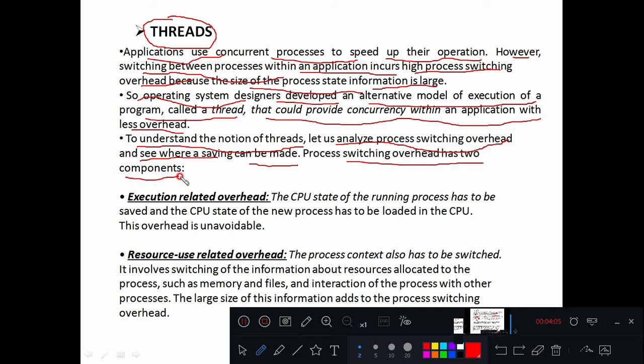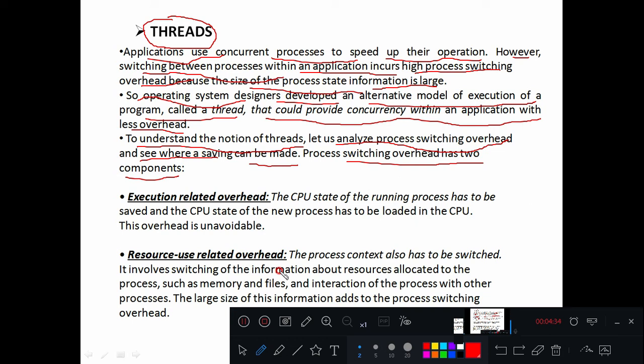Process switching overhead has two components: one is execution related overhead and the other is resource use related overhead. So we have two types of overhead in case of a process. Execution related overhead is what overhead comes into the picture when that particular process is scheduled and executing, and when it requests some kind of resources, right?